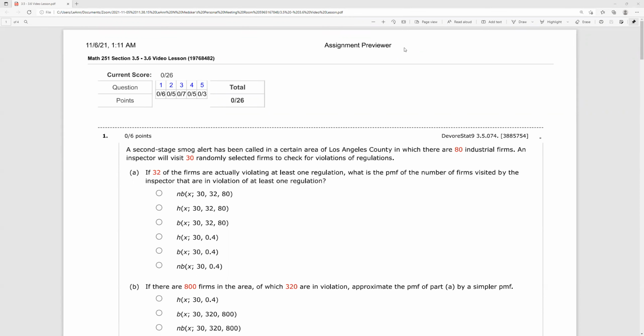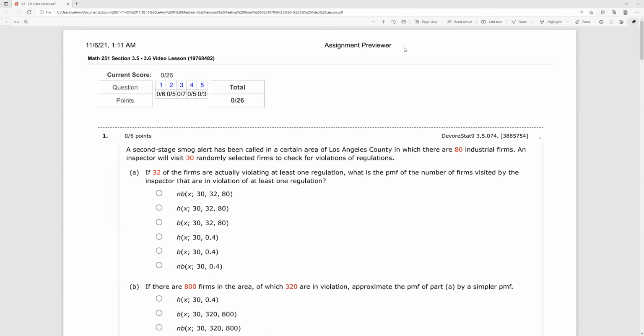Now we're looking at hypergeometric, negative binomial, and briefly we'll talk about what geometric is as well, those three distributions, plus the Poisson probability distribution and Poisson process. And that will actually round out and finish chapter 3 for us.